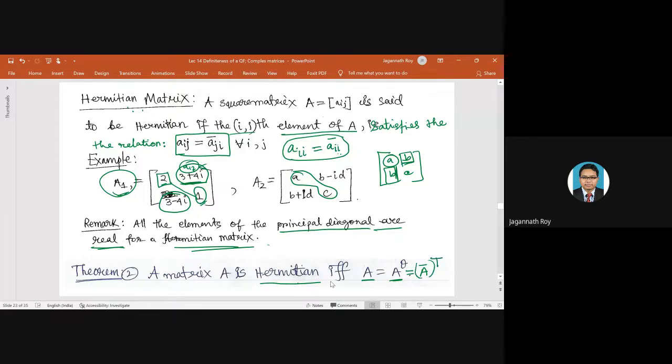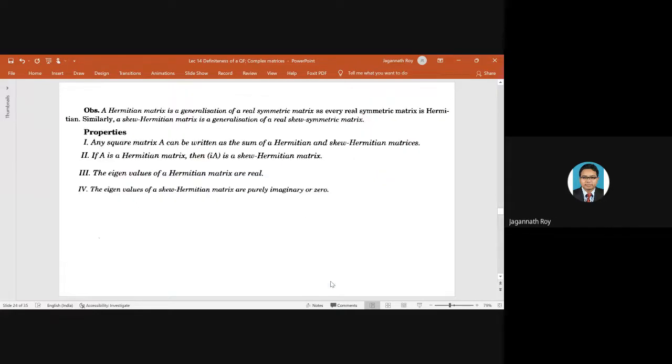Now if you remember, if A equals A transpose, we call it a symmetric matrix for real matrices. We have said that this is a parallel concept, so that is why A equals A theta. This is an easy verification, you can do it.